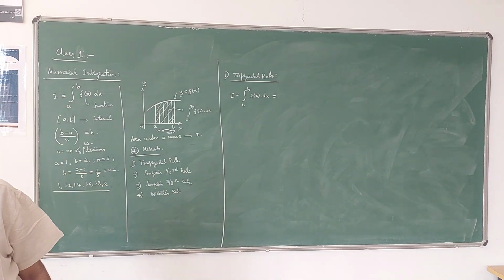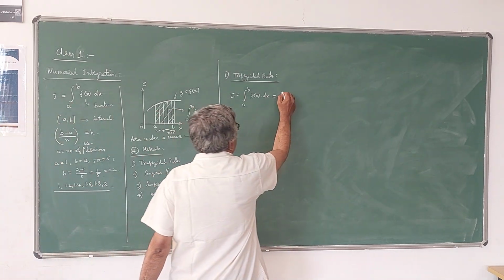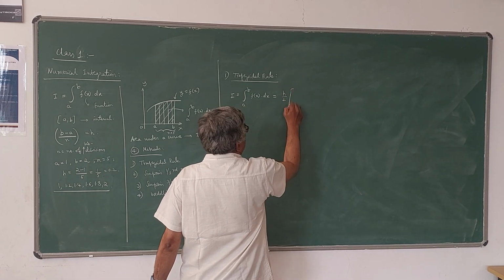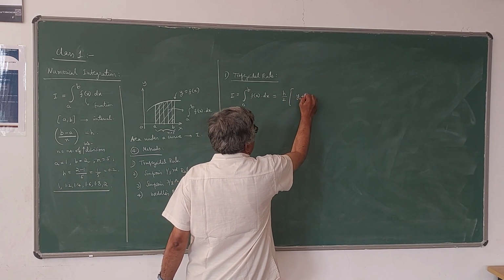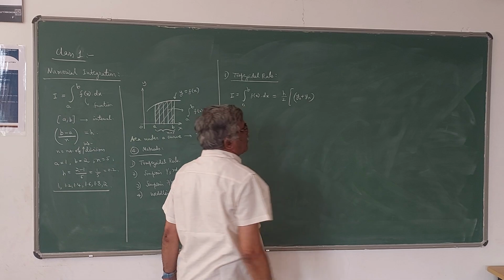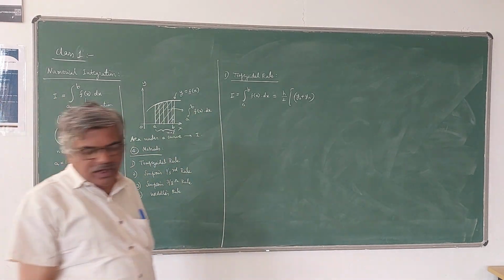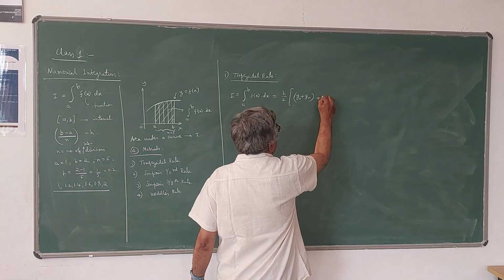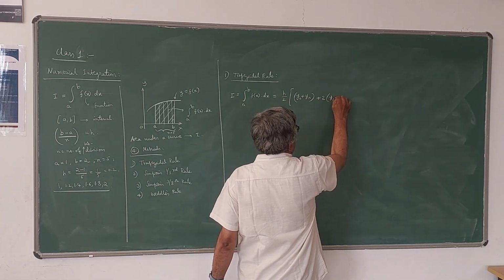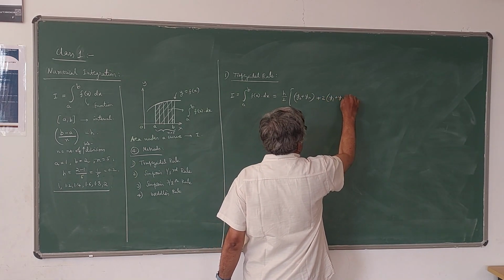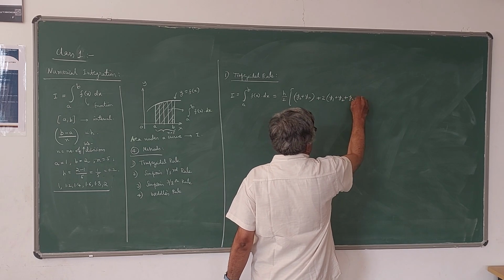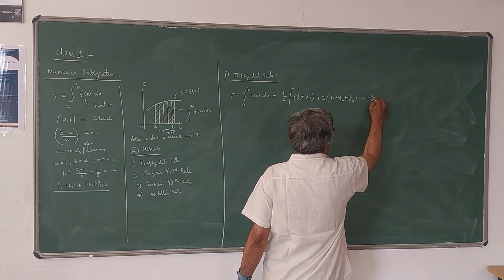This is given by h by 2 into y naught plus yn plus 2 times y1 plus y2 plus y3 etc. up to yn minus 1.